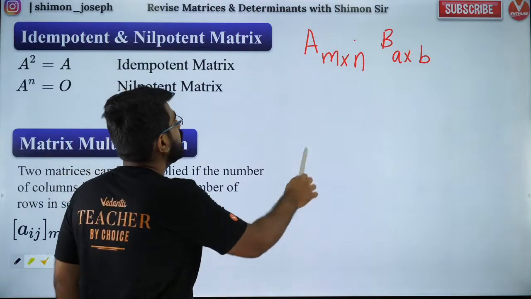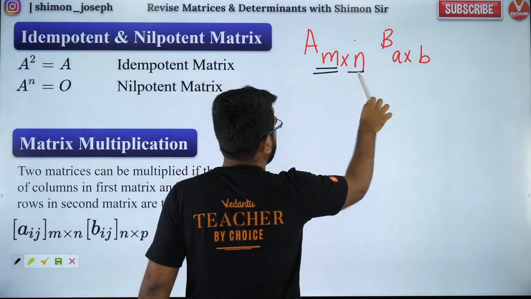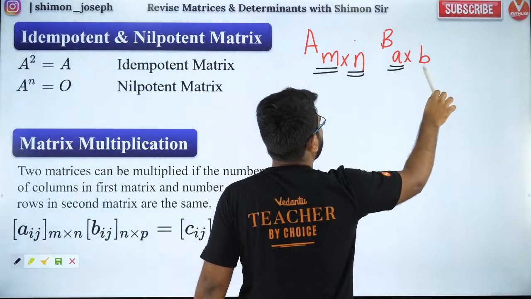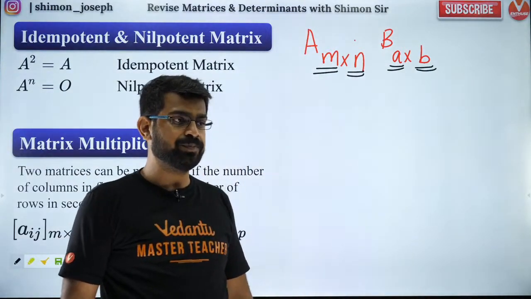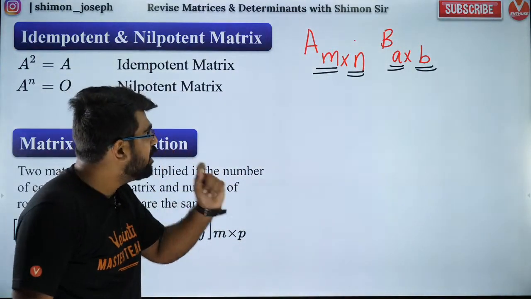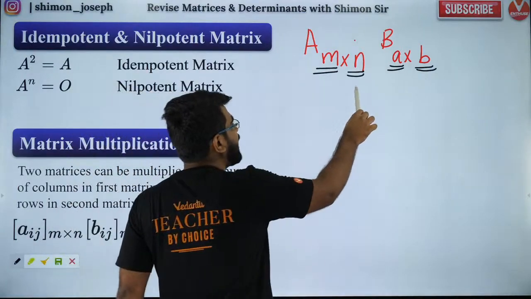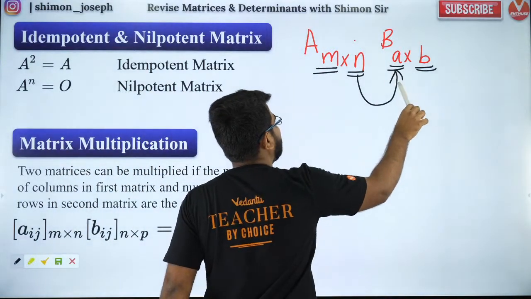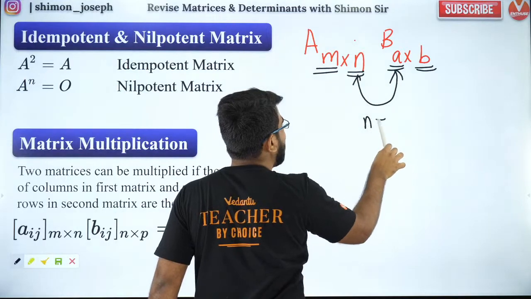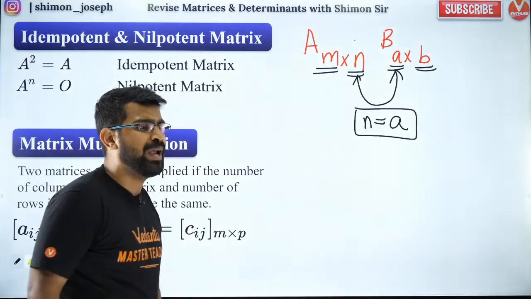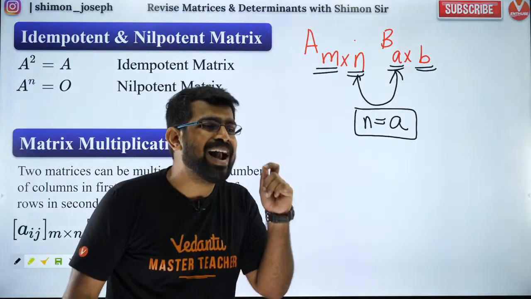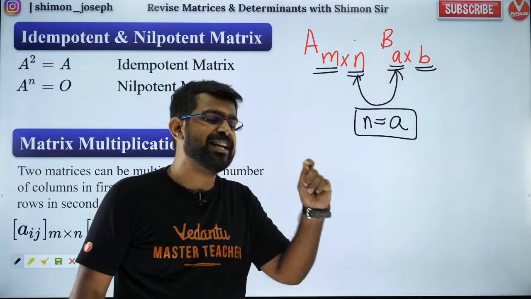Order means number of rows into number of columns. That is how you find out order of a matrix. Now people, if matrix multiplication should exist, then these two should be equal. Very good, Aishwarya. Your N should be equal to A. Only when N is equal to A, you can say that matrix multiplication will exist.